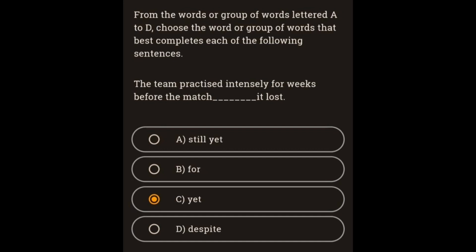So avoid choosing still yet. Whenever you use them together in a sentence, especially when they are beside each other, you are committing an error. Rather, you should use one of them. So yet is the correct answer in this sentence. The team practiced intensely for weeks before the match, yet it lost. That is the correct answer.